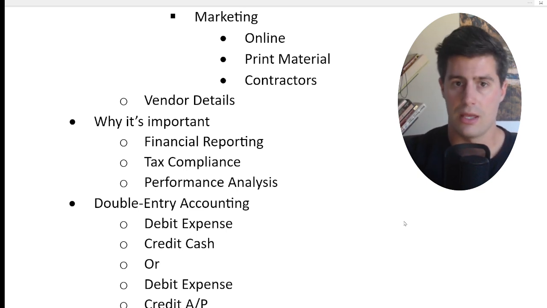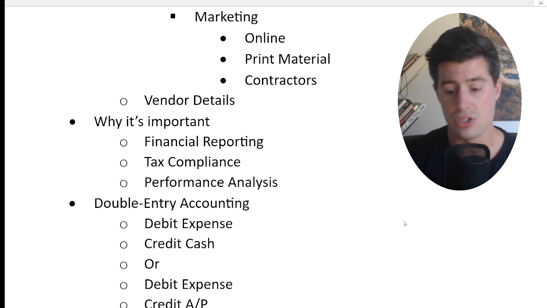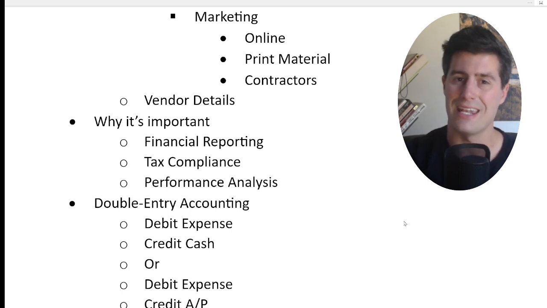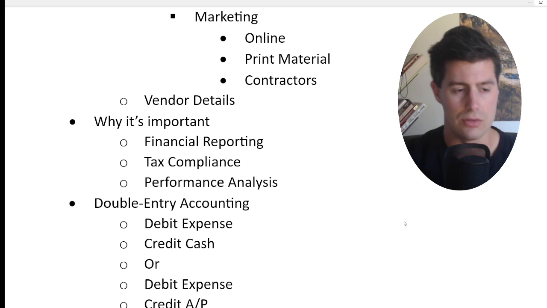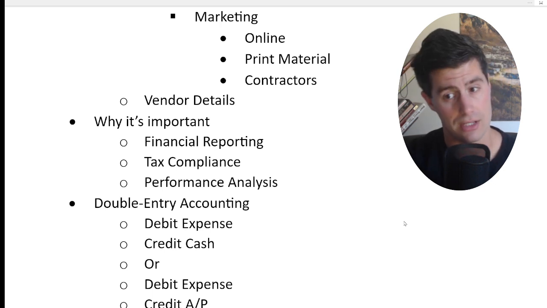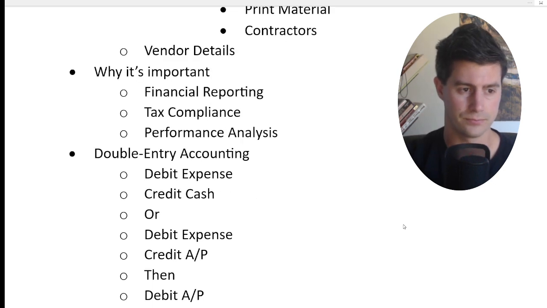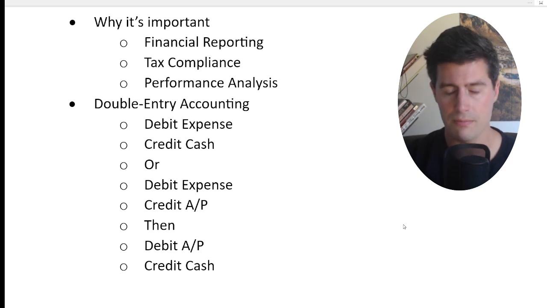How much did I spend on fuel? How much did I spend on payroll wages? Performance analysis, financial analysis is so important. It's that next level, but in order to get to that next level, you need to have a foundation, and that foundation is bookkeeping. And a big part of bookkeeping is categorizing expenses.